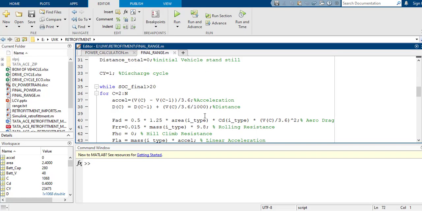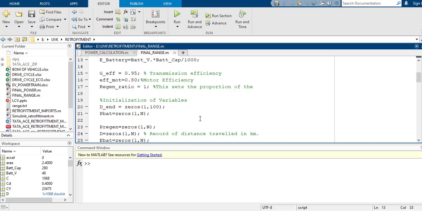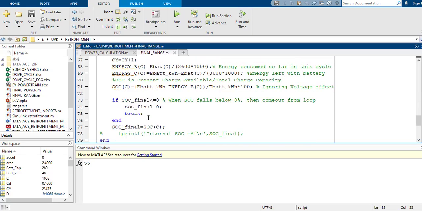Where do we find it? We find it here, that is the energy of the battery, battery voltage into battery capacity, that is kilowatt hour.